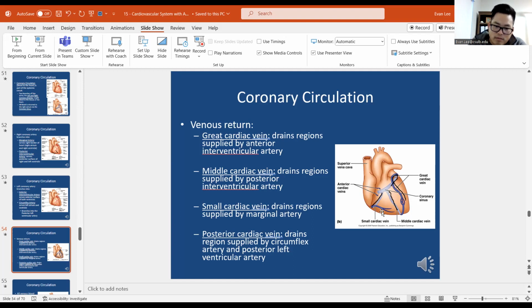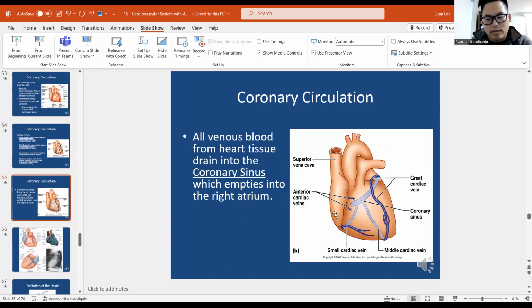And then one more that's not quite visible on this image, but where you had the circumflex artery over on this side, that's where you'll have your posterior cardiac vein. So for every artery, generally you have a vein that goes along with it. So just try to follow along if you can and look for an artery and a vein that are next to each other.